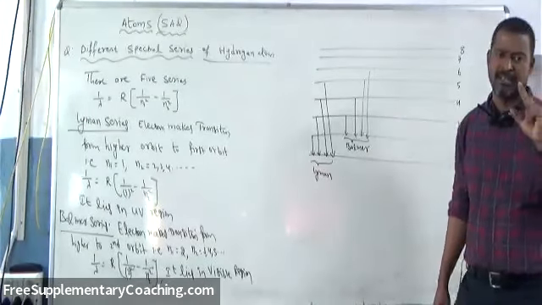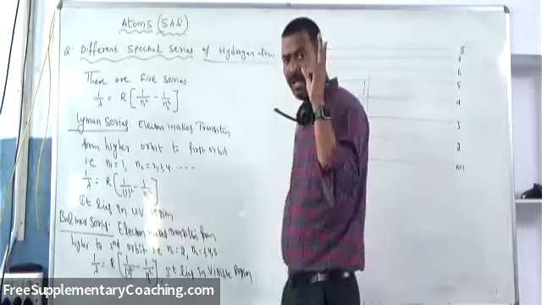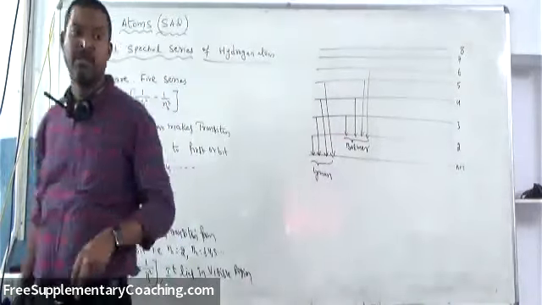The Lyman series lies in the ultraviolet region and the Balmer series lies in the visible region.